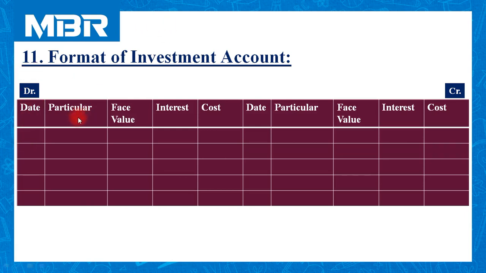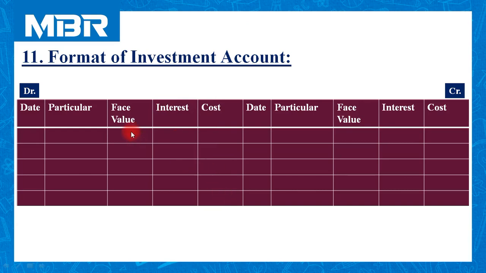Particular, face value of the security, amount of interest involved in the calculations that we have just completed in the previous session, just before 2-3 minutes. Cost or capital cost.